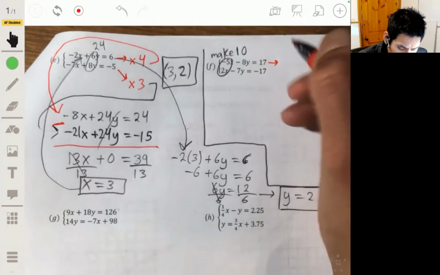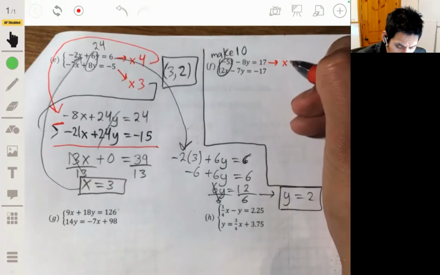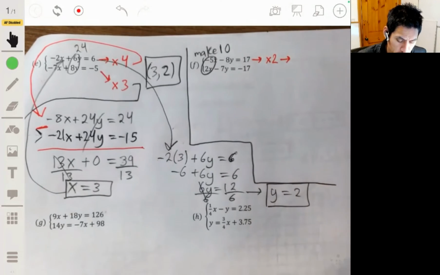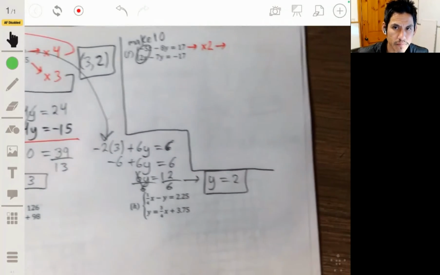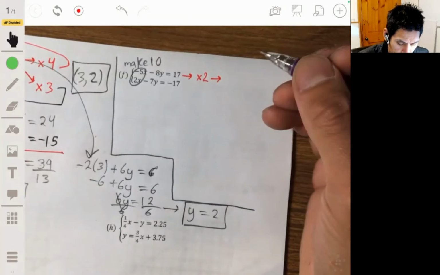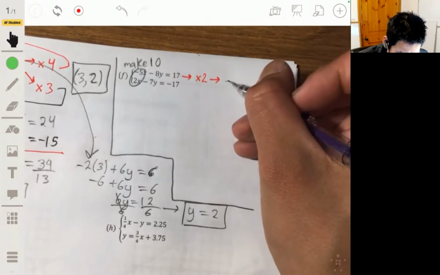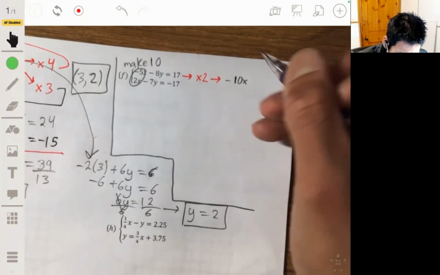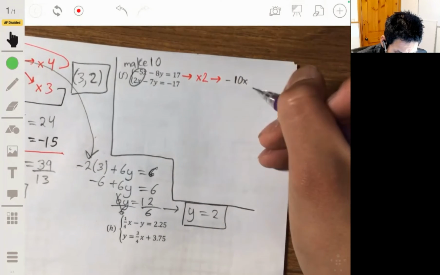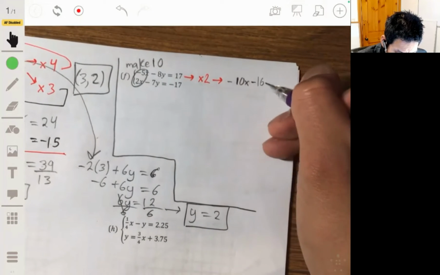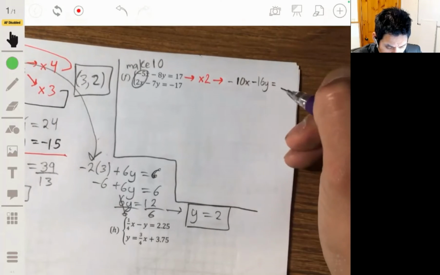So the top, we're going to multiply by 2. I'm going to squeeze them over here. So we get negative 10x minus 16y equals 34.